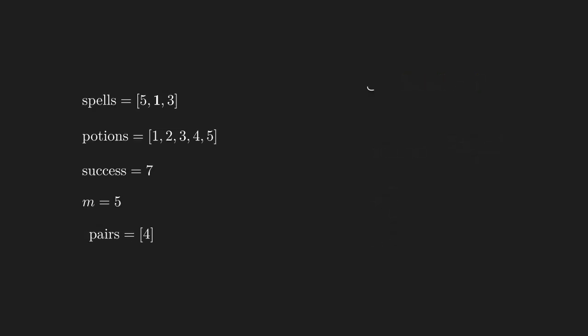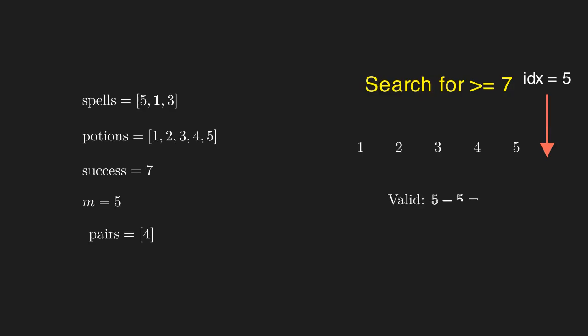We search for 7 in our potions array, 1, 2, 3, 4, 5. Since 7 is larger than all elements in the array, bisect left will return an index equal to the length of the array, which is 5. We calculate valid potions as 5 minus 5, which equals 0. There are no successful pairs for this spell. We append 0.